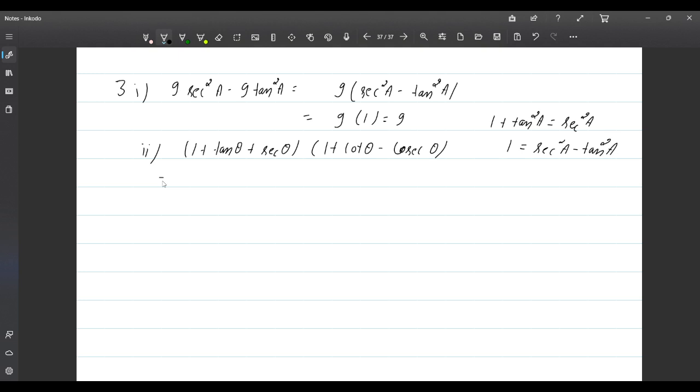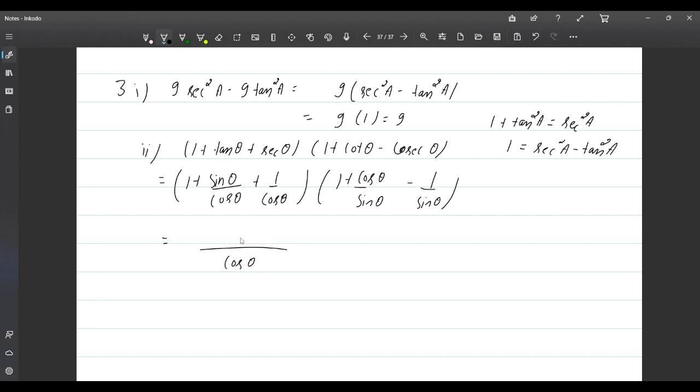So this is equal to 1 plus sin theta upon cos theta plus sec theta, which is 1 upon cos theta, into cot theta is cos theta upon sin theta. Cosecant theta is 1 upon sin theta.